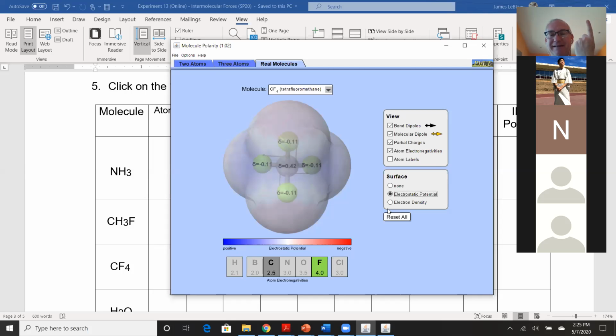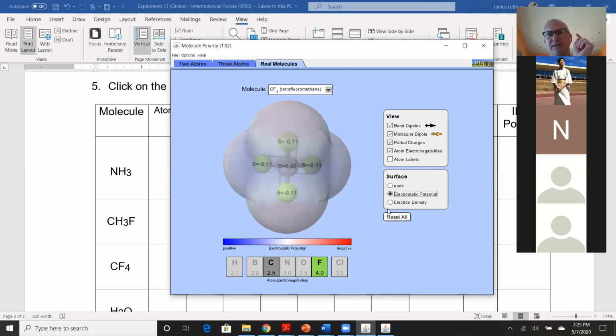I say no, because there's no molecular dipole, right? You have to have a molecular dipole in order for that to happen. So it can't, and it obviously can't hydrogen bond because it's not polar, and there's no hydrogens here. So the only force it has is dispersion force.